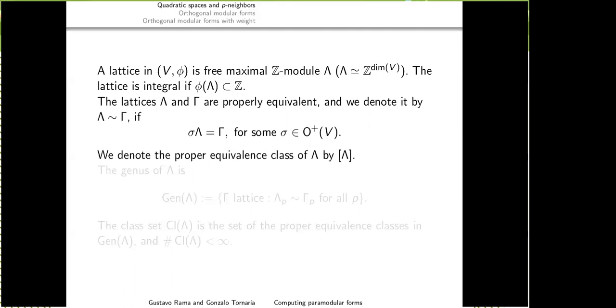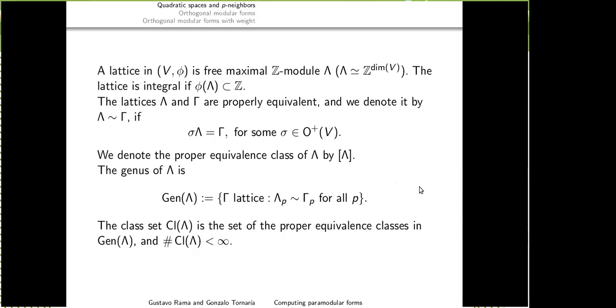We denote the proper equivalence class of lambda by square brackets of lambda. The genus of our lattice lambda is all the lattices gamma such that gamma and lambda are properly equivalent for all localizations at all primes. The class set of lambda is the set of proper equivalence classes in the genus of lambda, and it has a finite cardinal.